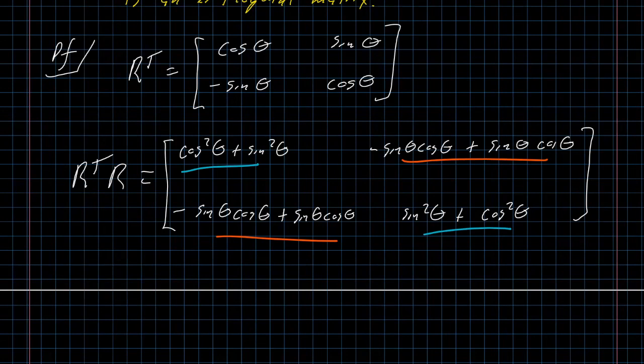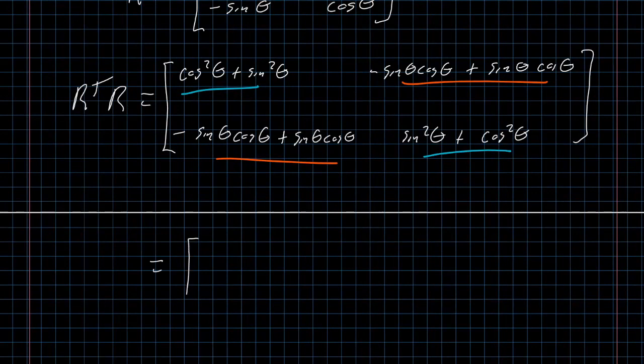Sine squared plus cosine squared is 1. And a matrix is orthogonal if and only if its transpose times the original matrix gives you the identity matrix. And we just had that happen, so we have an orthogonal matrix.